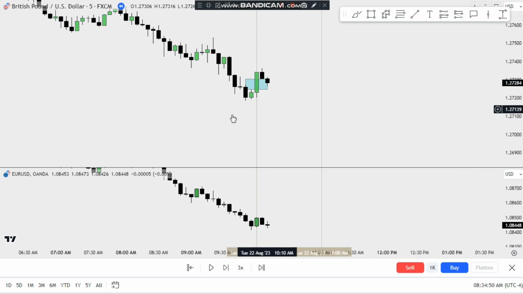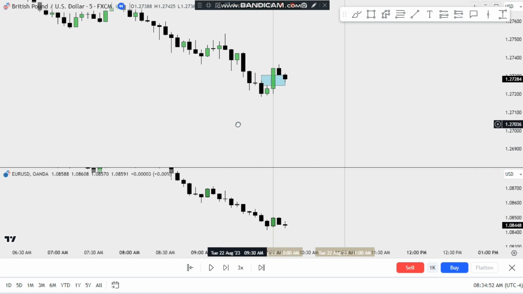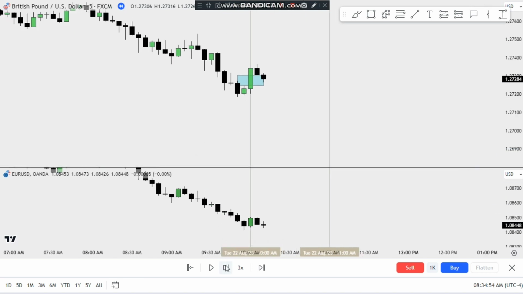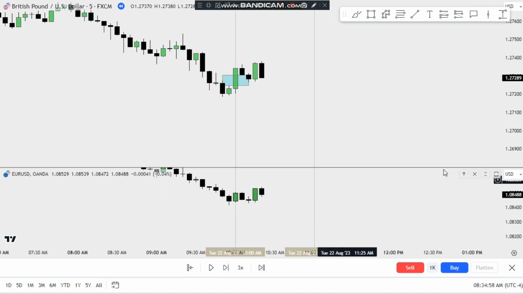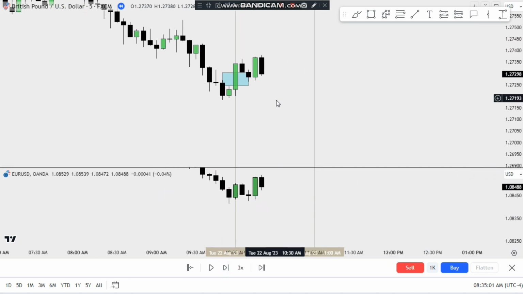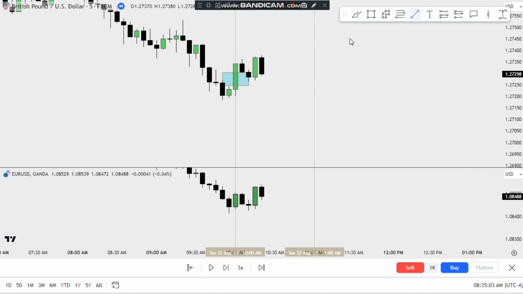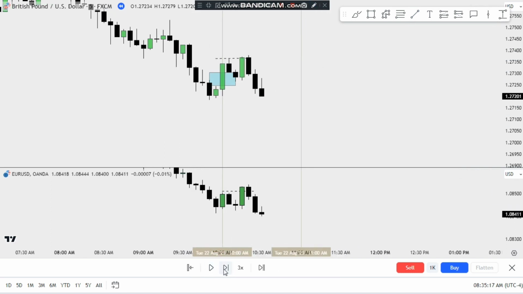First you have to look for a divergence. So let's see if we get any kind of divergence here. We have got no bearish divergence because both the GBP and euro swept this high. So we're still going to wait for a divergence.